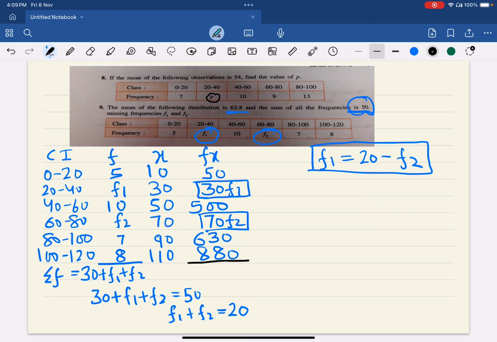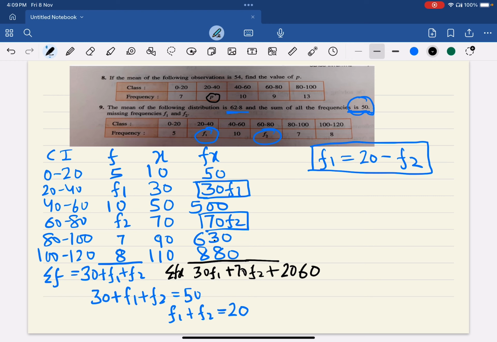Okay, let us keep it for a while here and now move to finding sigma fx. So the best way is first whatever is inside the blocks, which is 30 F1 and 70 F2, we have copied, and then add all other numbers. So you have 600 and 800, 1400, 1900, and 80, 1980, and 20 would be 2000, 2010, and 2060. So this is what we get.